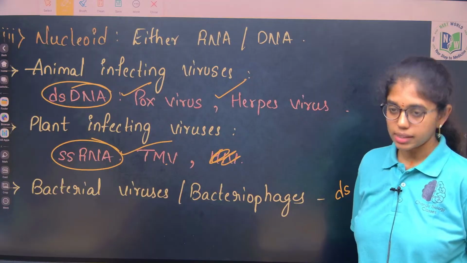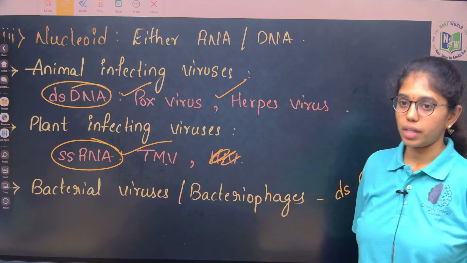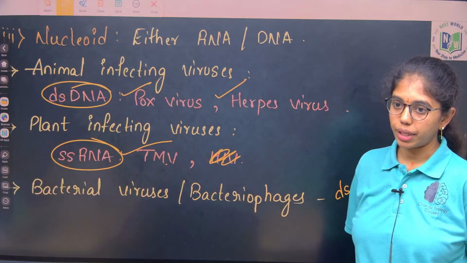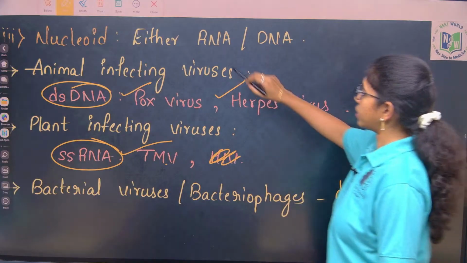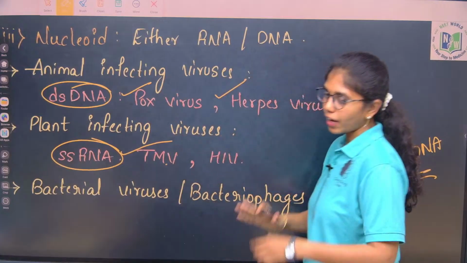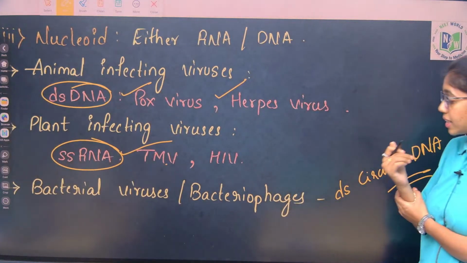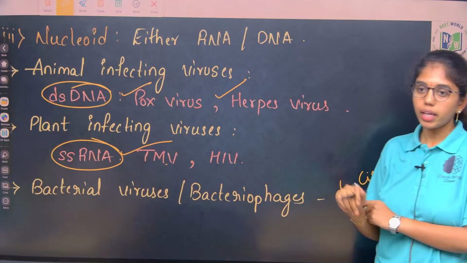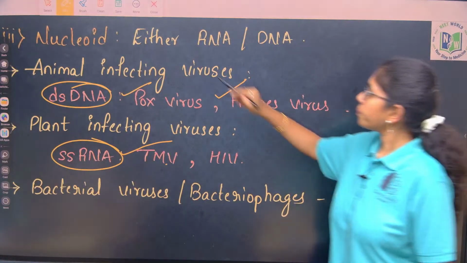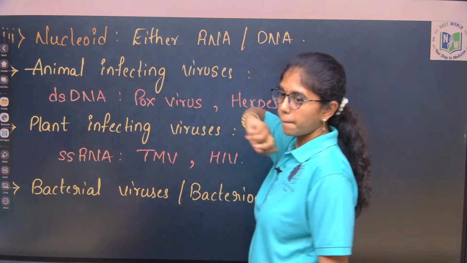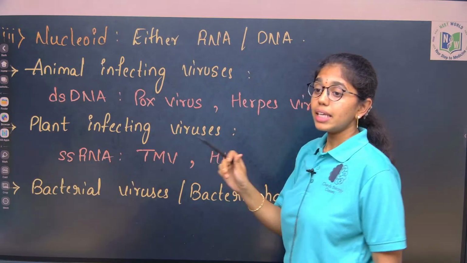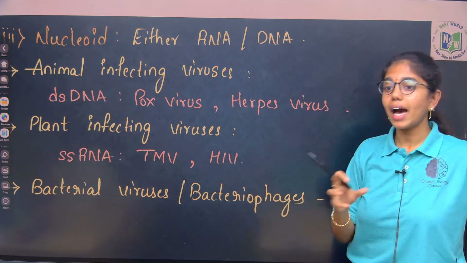HIV. Yes, RNA virus, that is retrovirus, which has RNA as the genetic material. But it is animal infecting, not plant. See, the statements which are passed out are not unanimous.